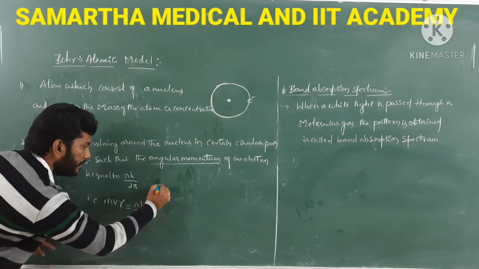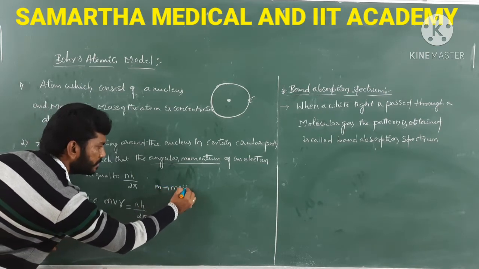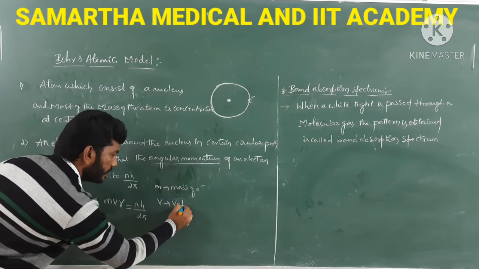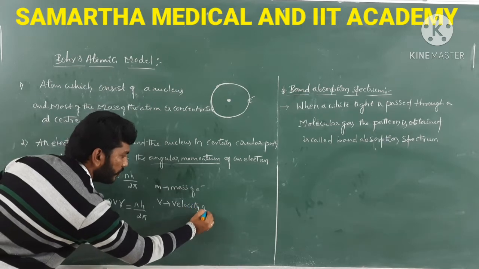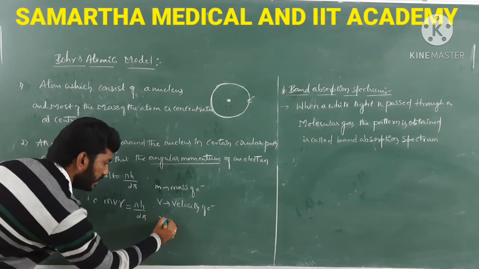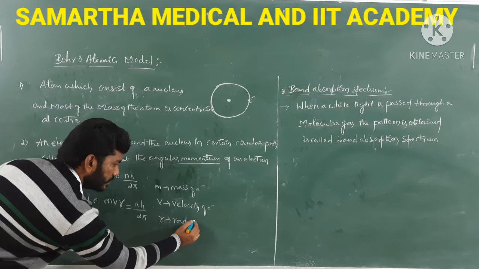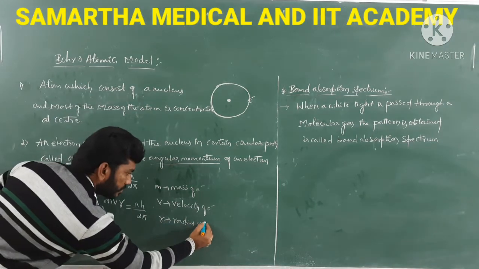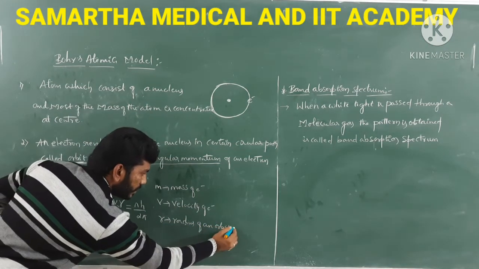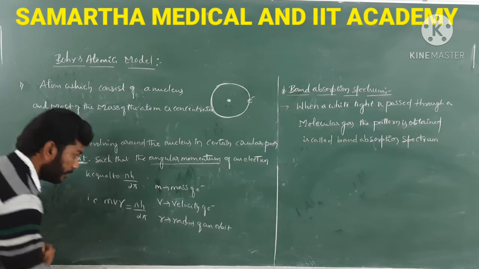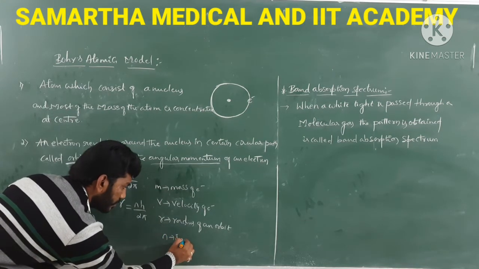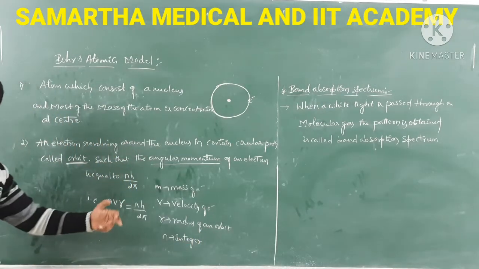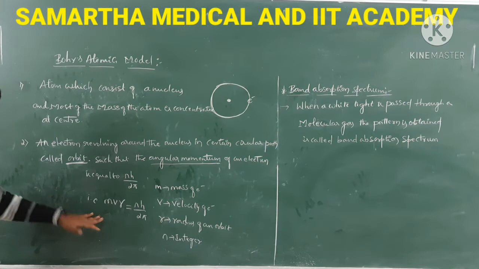Here m is the mass of the electron, v is the velocity of the electron, r is the radius of an orbit, and n is an integer or a whole number: 1, 2, 3, 4, like that.